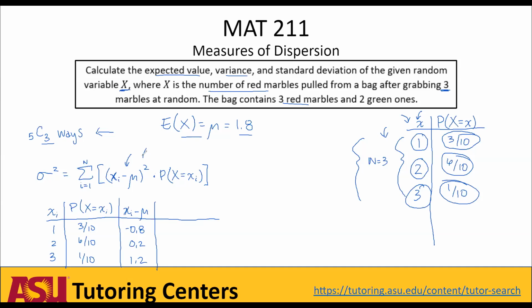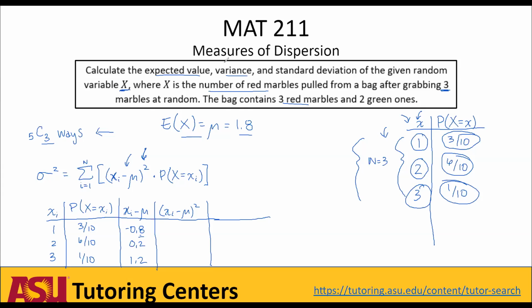Next, we want to square these values. So we'll have our xi minus mu squared. And this just means taking each of these values, plugging it into a calculator and squaring it.